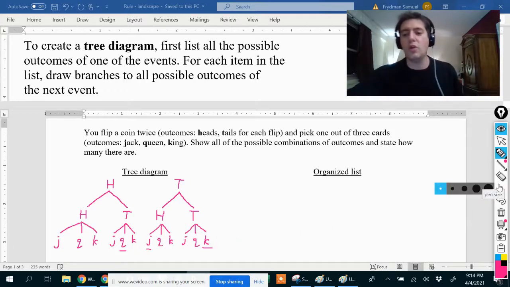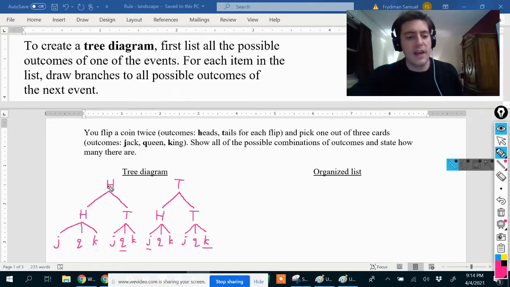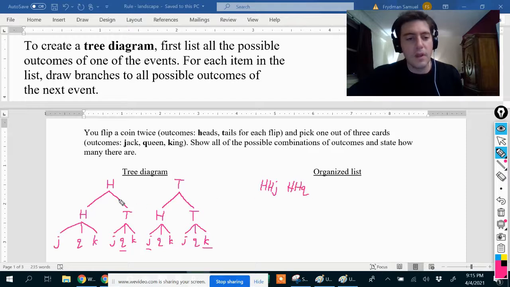And now let's make an organized list. We don't have to do the tape. We could actually make the organized list by reading this off the tree diagram. So heads, heads, jack, that's one combination. Heads, heads, queen. Heads, heads, king.